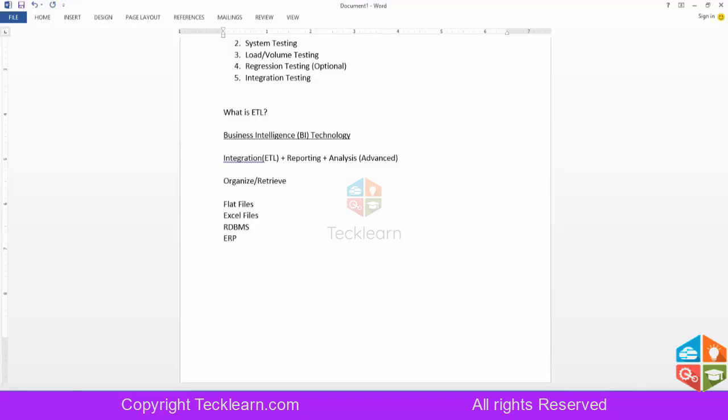So the agenda, the goal, is that any organization should have only one source of truth, a single source of truth. If we have to achieve that, all of our data, irrespective of where it is, should be collected and gathered at one location, at one point.